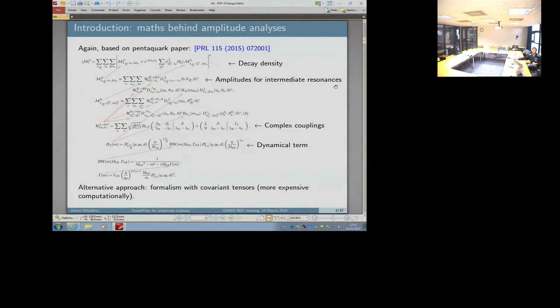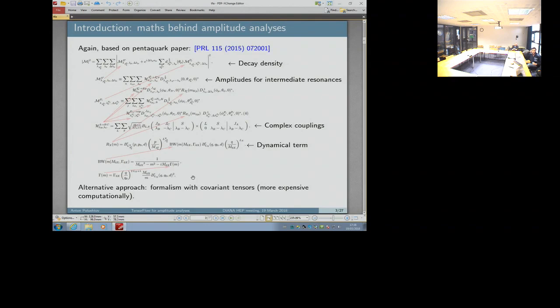Basically, the idea is that we have a decay density which is a combination of coherent and incoherent sums over different amplitudes, which contain angular terms that describe the spin structure of the amplitude, and dynamical terms which are Breit-Wigners with correction factors like the Blatt-Weisskopf factors and the dependence of the width on mass.